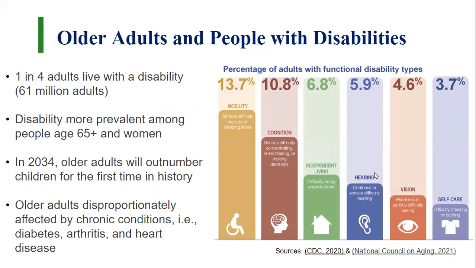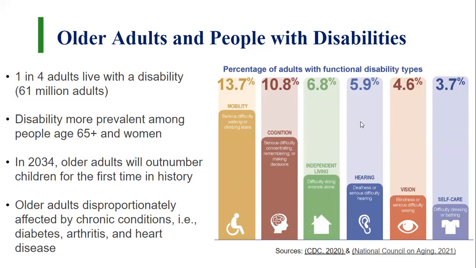So broadly, about older adults and people with disabilities, about 1 in 4 adults live with a disability, and disabilities are more prevalent among older adults, 65 plus, and women. And around 2034, older adults will outnumber children for the first time in history. It's happening mostly in developed countries around the world, and certainly within the cities and counties and across the US.